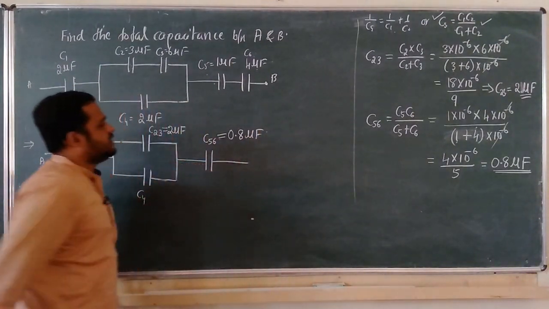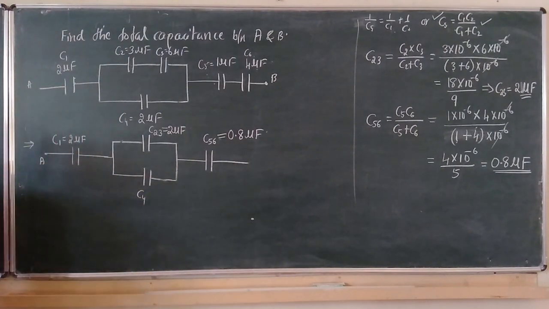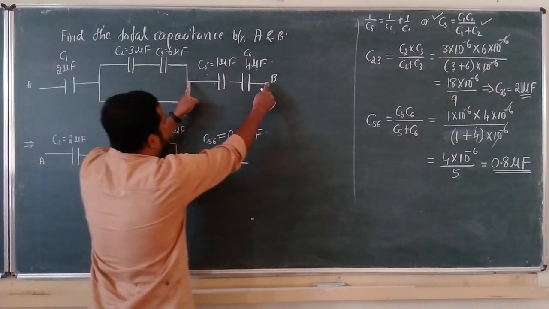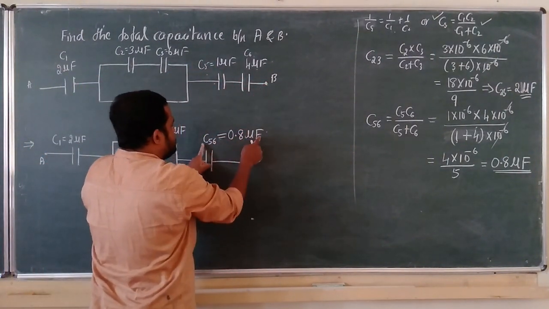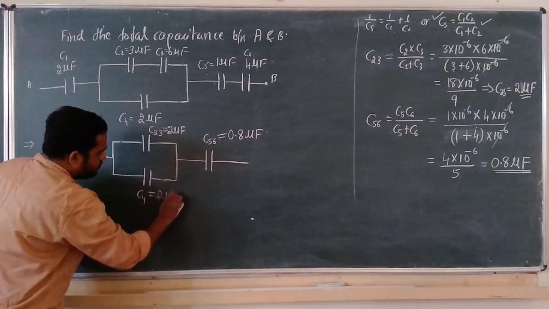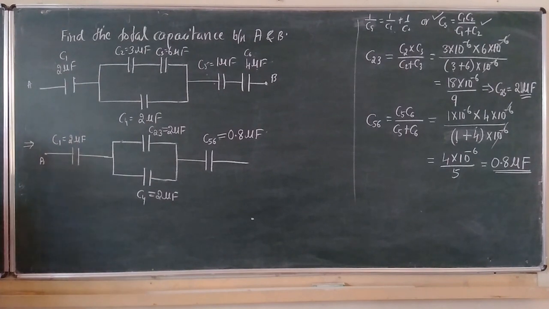So we got two effective capacitances. Effective capacitance between these two points is C23. Effective capacitance between these two points is C56, it is 0.8. C4 is 2 microfarad. I think it is clear.